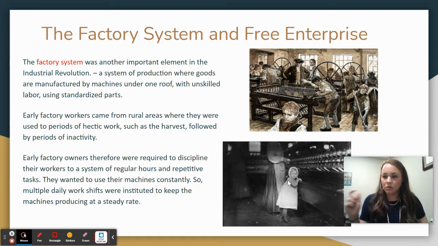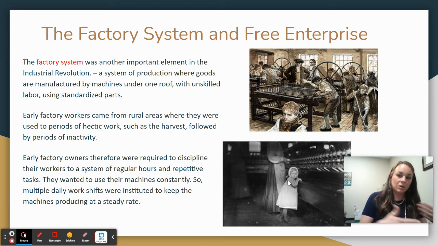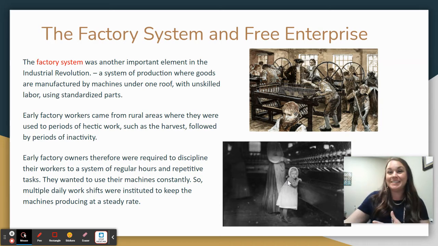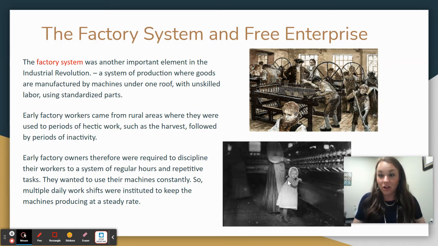Instead of just these strings that you had to sit there and push together and then create the sheet, and the sheet still wasn't that big. Now all of a sudden we have massive looms creating these massive sheets of cloth on a mass scale. And that was the next big jump in innovation.